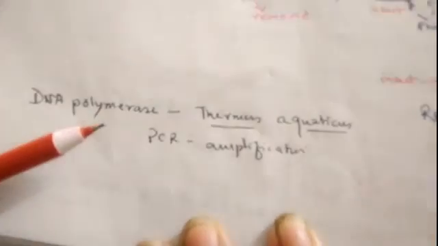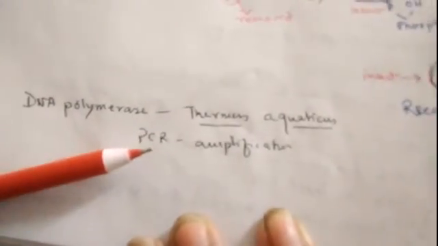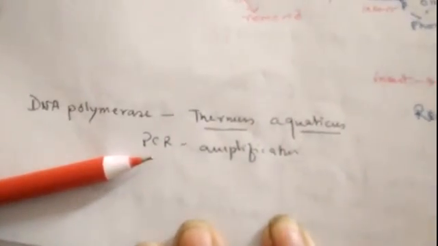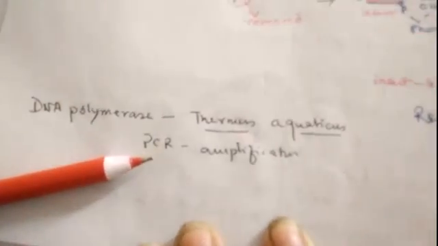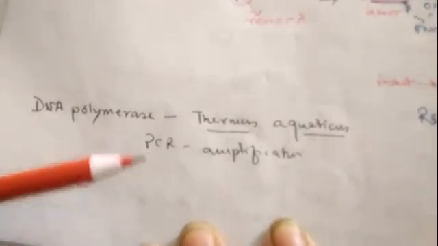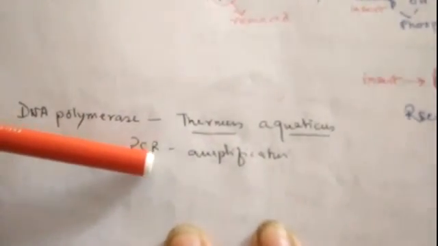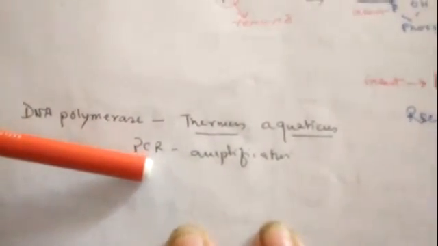We also require DNA polymerase, clear, during the amplification of the DNA, because a single segment of desired DNA will not work, we have to produce numerous copies of our desired DNA for our functioning. So there we need a special DNA polymerase obtained from Thermus aquaticus, the bacteria which grows in the hot spring, for the amplification of the DNA of our interest.